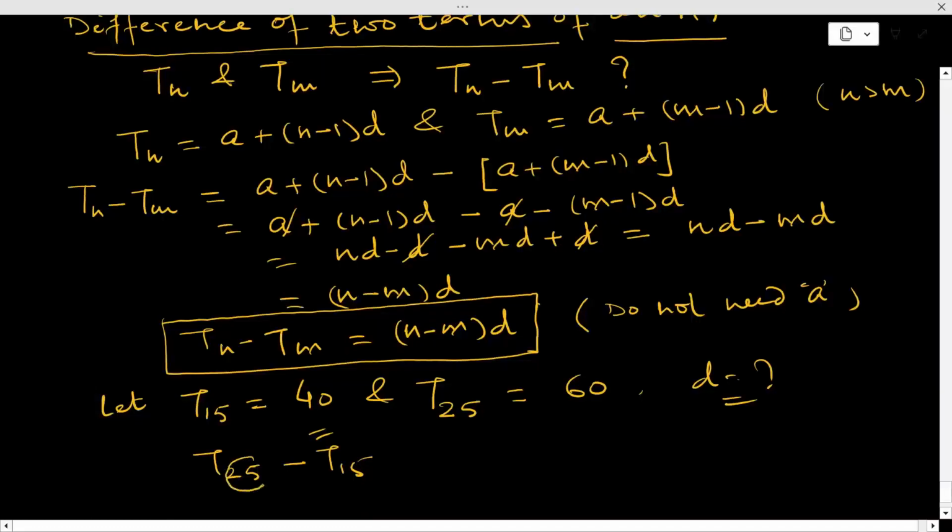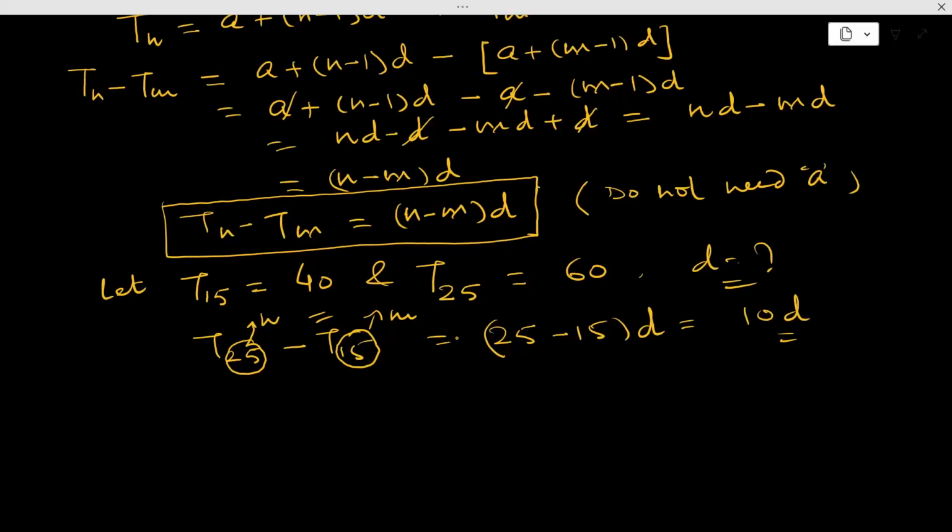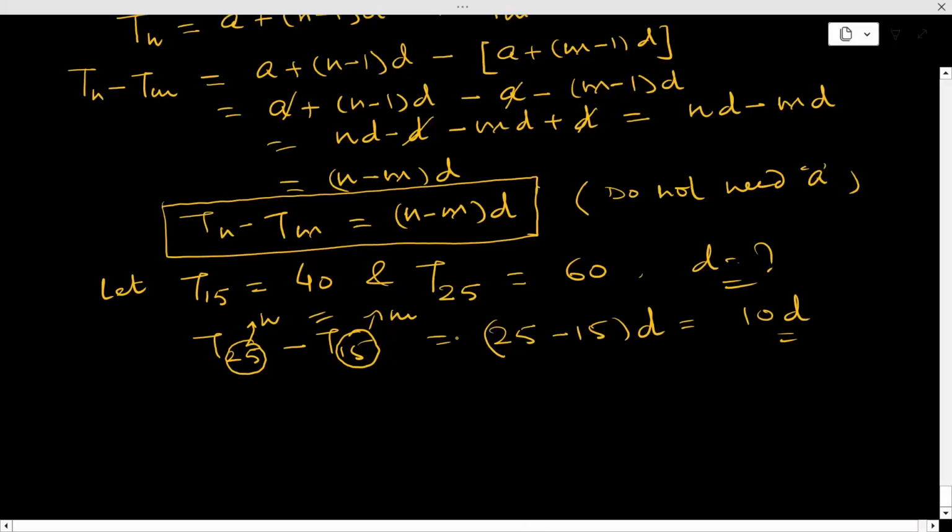So this is the value of n and this is the value of m. So this will be 25 minus 15 into d using this formula. This is coming out as 10 times d. So if you have the value of d, then you can easily obtain this difference by putting the value of d here. Okay, so this is what we have as the difference between two general terms.